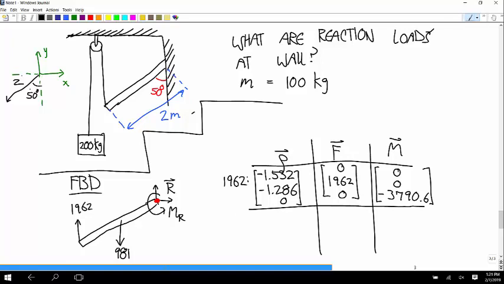And now we'll go to the weight force. The row vector for that is just going to be half of the last row vector. You see that? So that's going to be negative 0.766, negative 0.643, and then 0 for Z. And the weight force is 0, negative 981, 0.